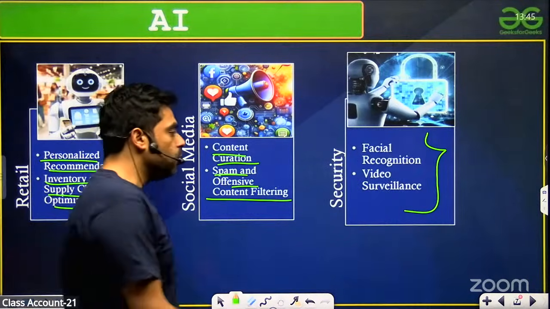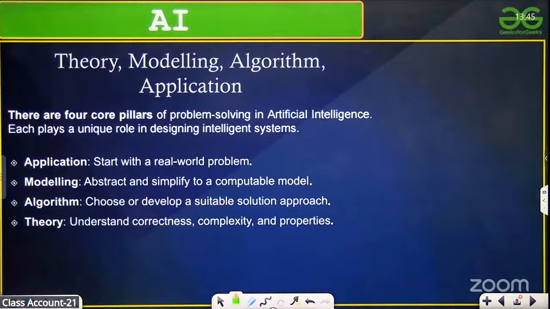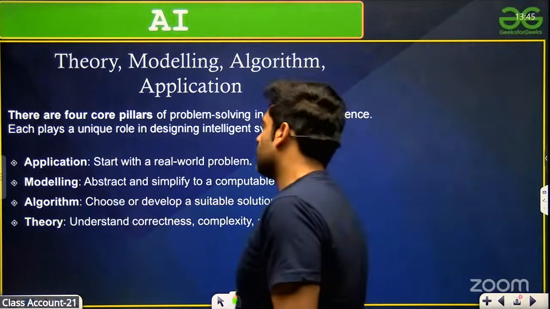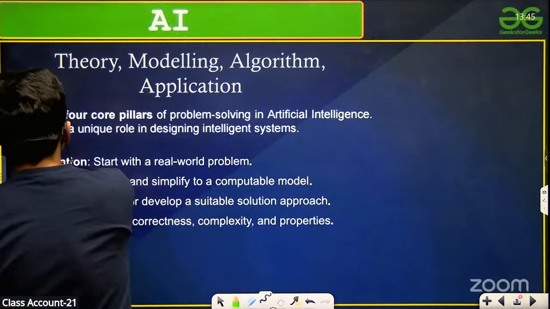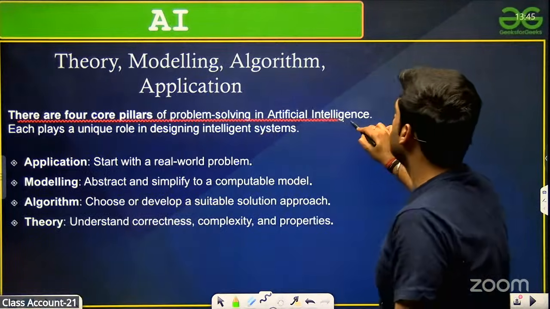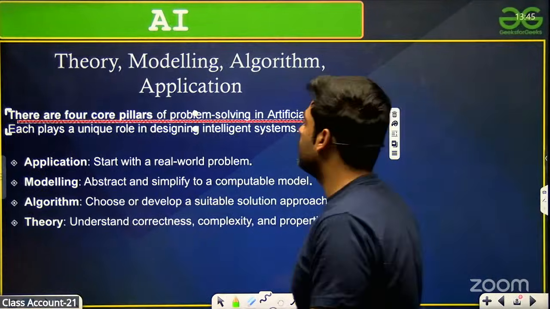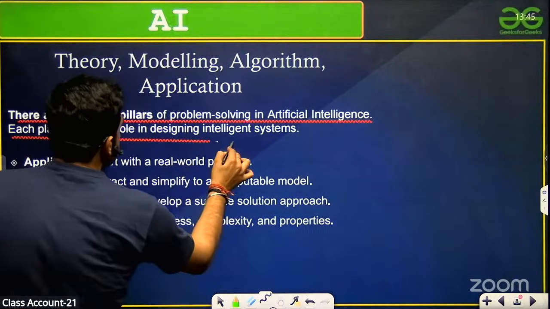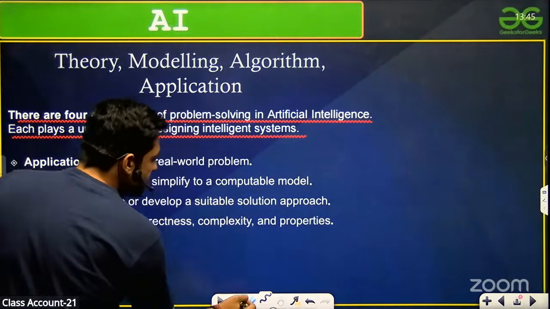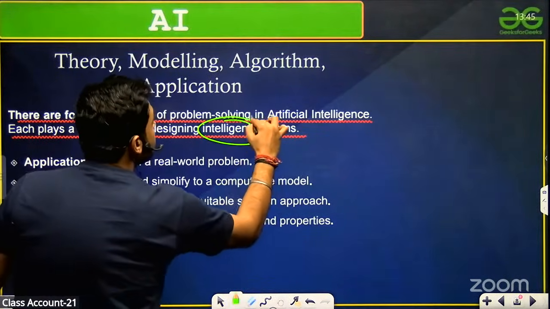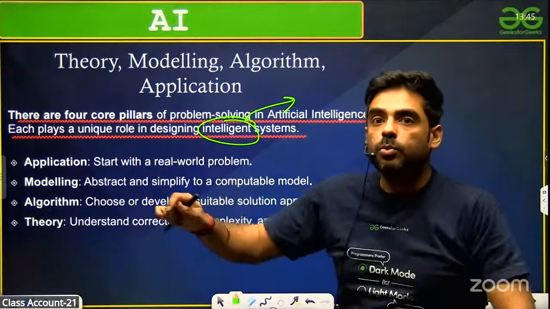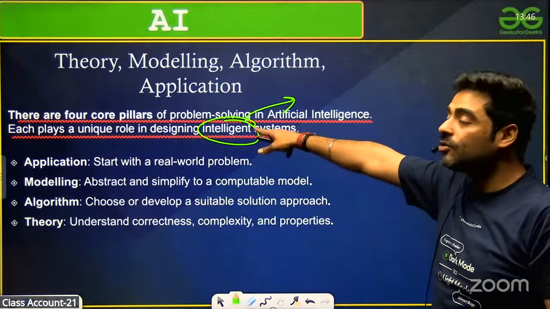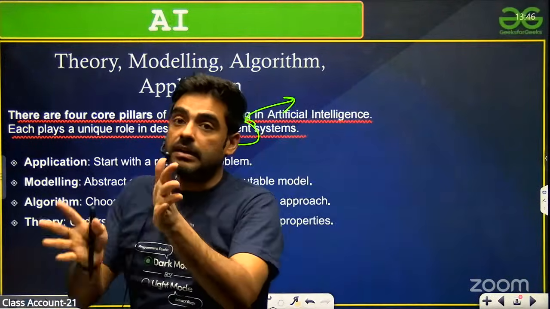Now, theory, modeling, algorithm, applications. These are the four core pillars of problem solving in artificial intelligence, and each plays a unique role in designing intelligent systems. Here a word comes: intelligent system. This word has a very heavy weight on the research side.